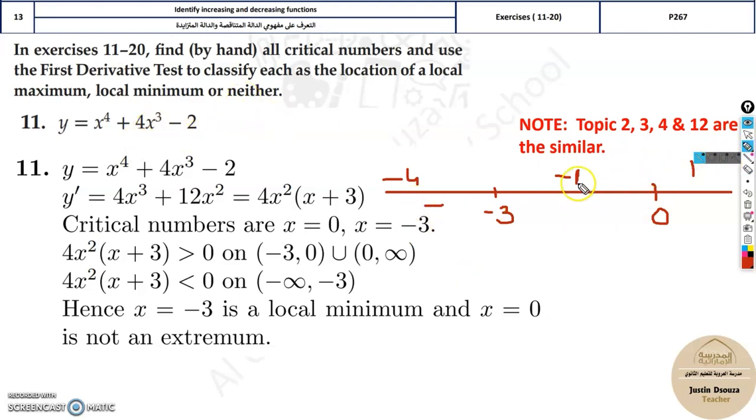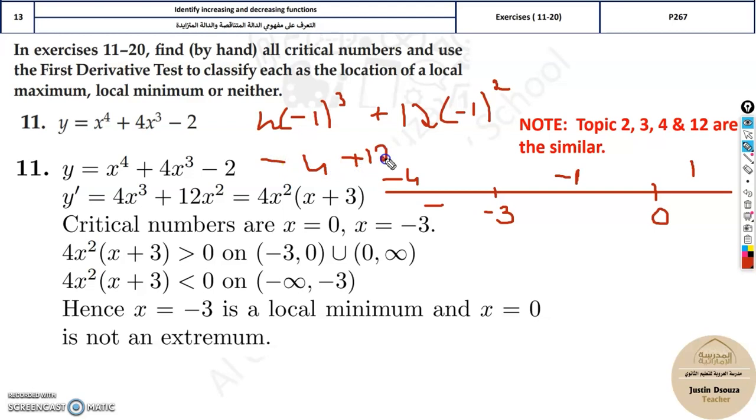Now next one, take minus 1. Substitute over here: 4 times minus 1 the whole cube plus 12 times minus 1 the whole square. Always in the f dash or y dash, the derived function, you need to substitute the test values. And now over here it'll be minus 4 and over here it'll be plus 12.